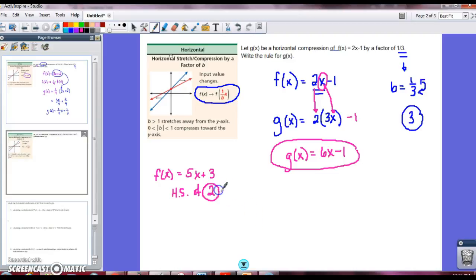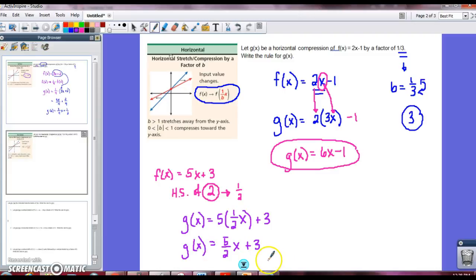Okay, if I did a horizontal stretch of 2, then what goes in the problem is 1/2. So I then have g of x is equal to, that 5 stays, and now I'm replacing that x with 1/2 x, plus 3. Well, 5 times 1/2 is 5/2 x, and then that 3 just stays there.